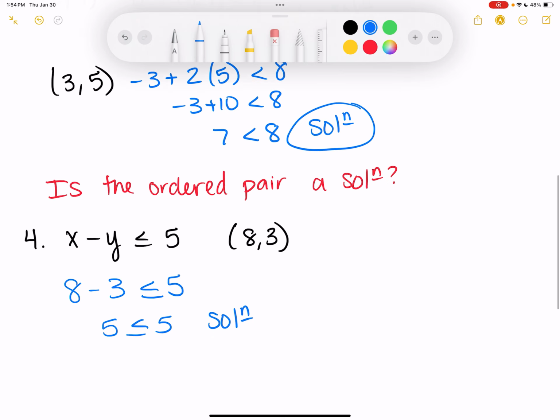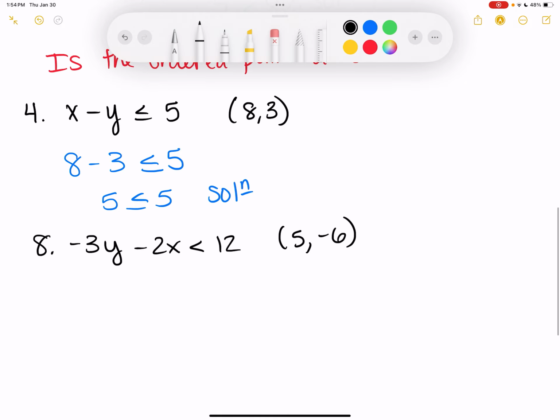Number 8. Negative 3y minus 2x is less than 12, and the point is (5, -6).